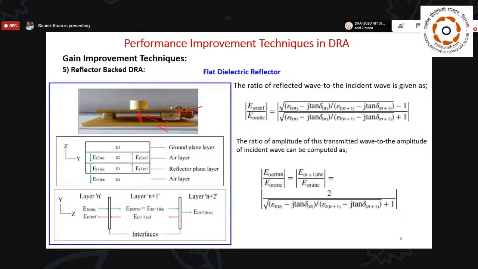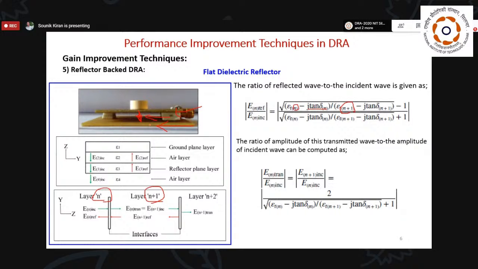Okay, if the wave is starting from the n layer, then it is moving to the next layer, that is n plus 1. This one is n plus 1 and this is n. What is also important in this case is the loss tangent we have noted here. What is the loss tangent? As we know, when we consider any dielectric material, it must have a loss tangent.